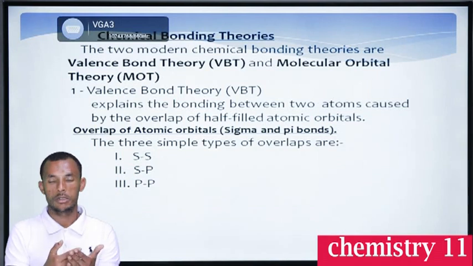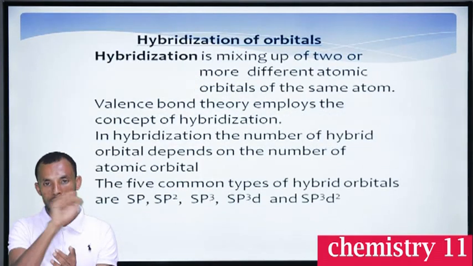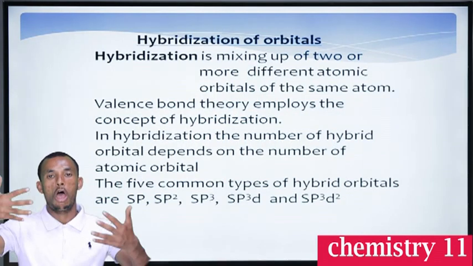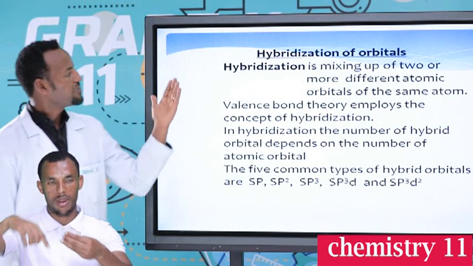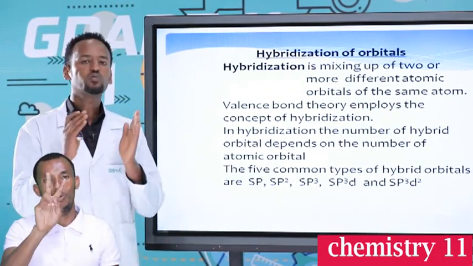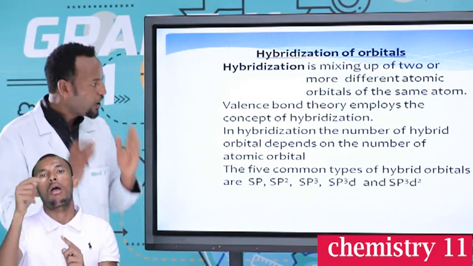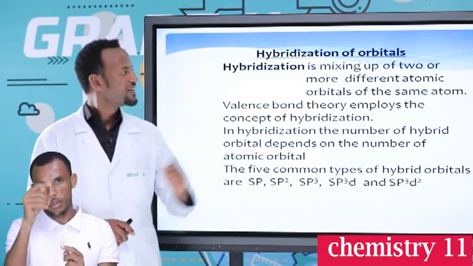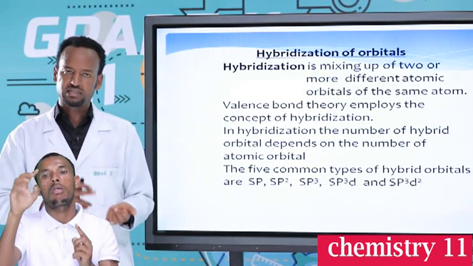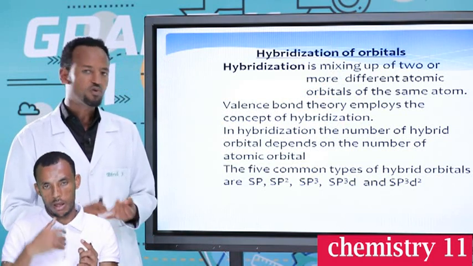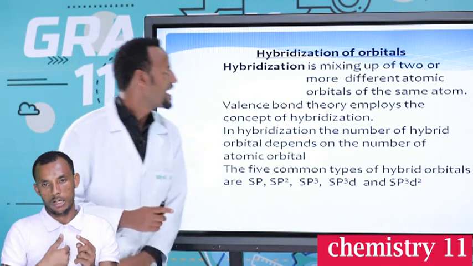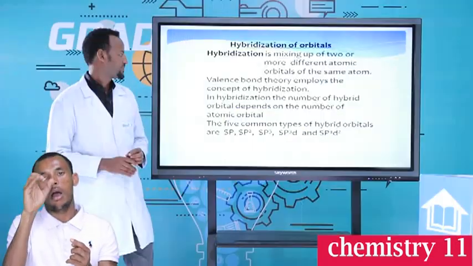Therefore, the 3 simple types of overlaps are SS, SP, and PP. The other point is hybridization of orbitals. Hybridization is the mixing up of 2 or more different atomic orbitals of the same atom. What type of atomic orbital? S, P, and D different atomic orbitals of the same atom is called hybridization.